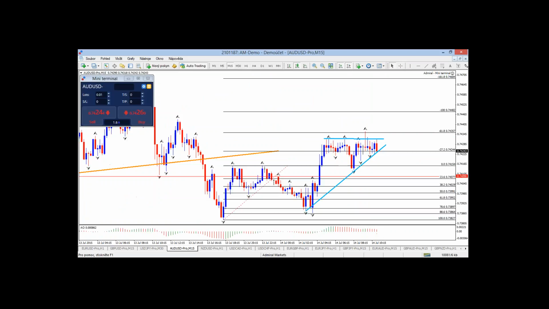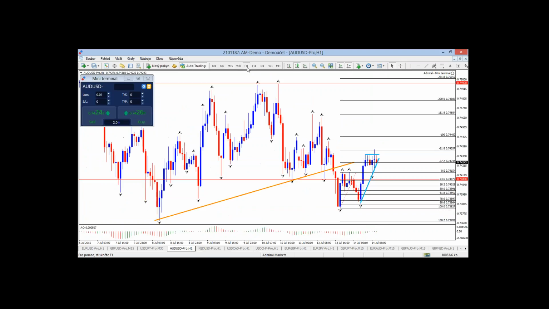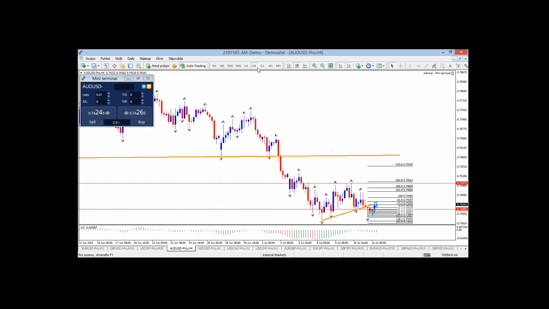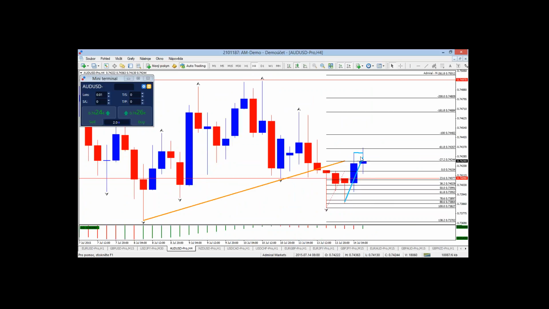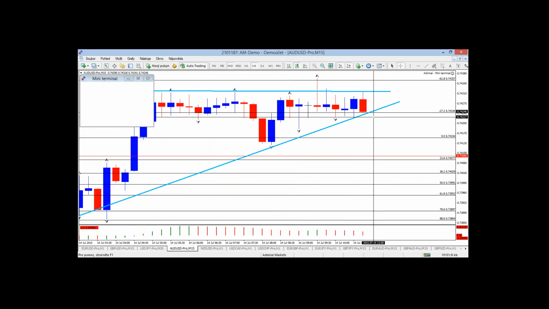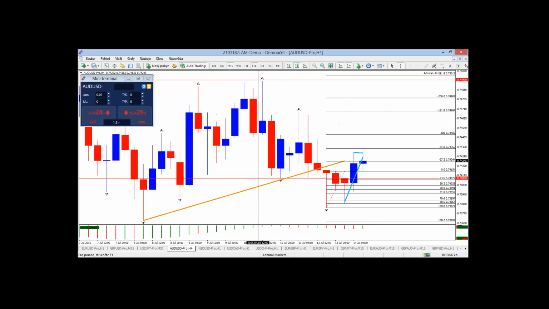So anyhow, Aussie seems to be a bit more interesting. Could be good to let this 4 hour candle end as a doji. If it ends, that's maybe even something to keep an eye on, by the way. I'm just thinking about all the angles that could be good to keep an eye on, because this 15-minute break looks good, but a 15-minute break can run into big trouble if a 4 hour chart is not set up correctly.